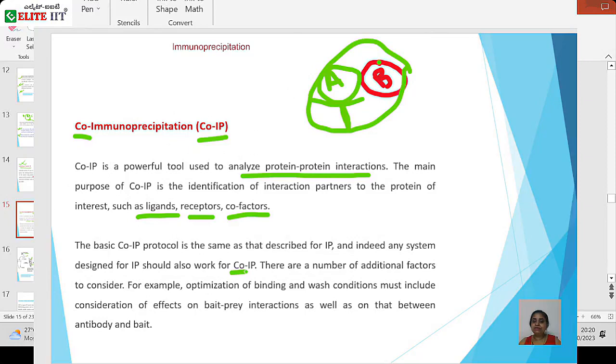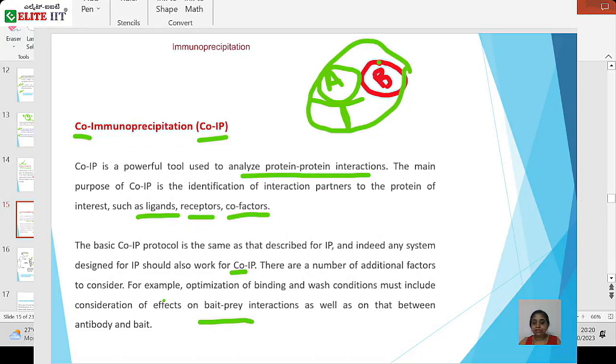So if an IP system is there in your lab, you can make it co-IP. Now there are a number of additional factors to be considered, like you have to check all the medium, all the buffer, the washing technique. In every step, you have to be cautious.